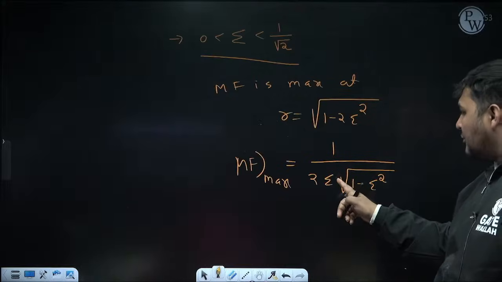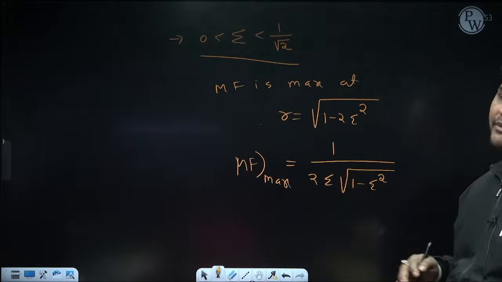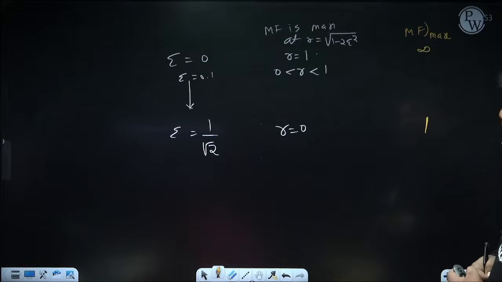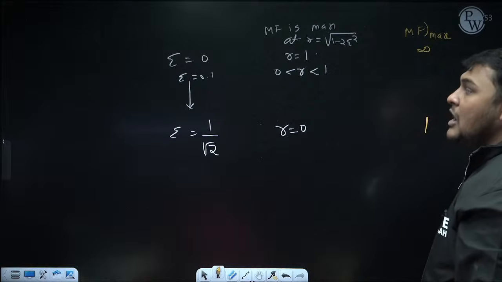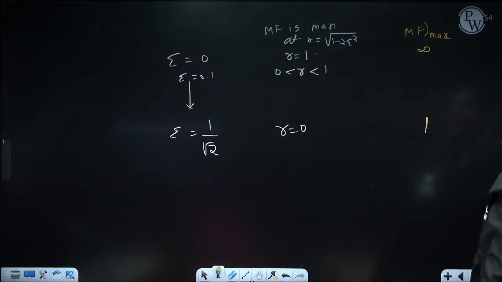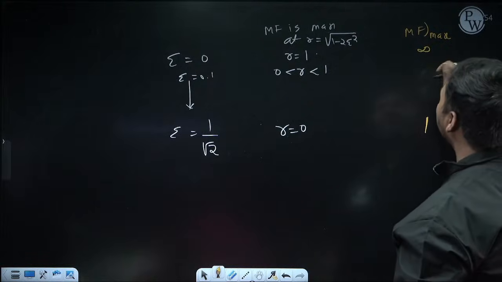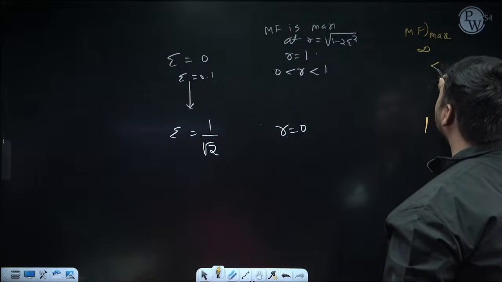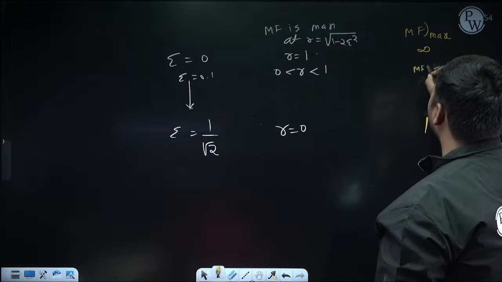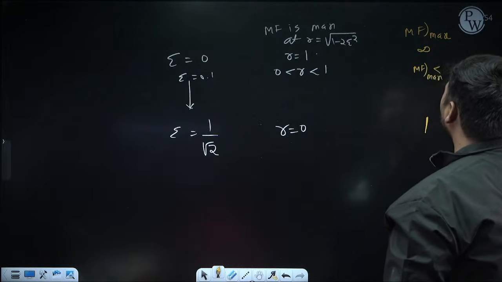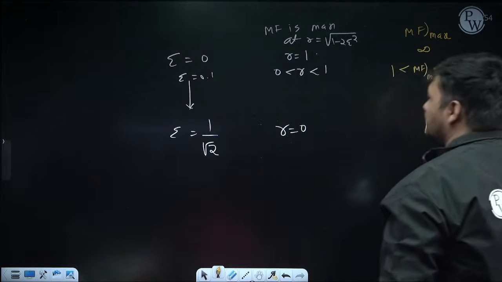Now what will be the maximum value of MF for zeta equal to 0.1? It will be less than infinite, but it will be greater than 1.